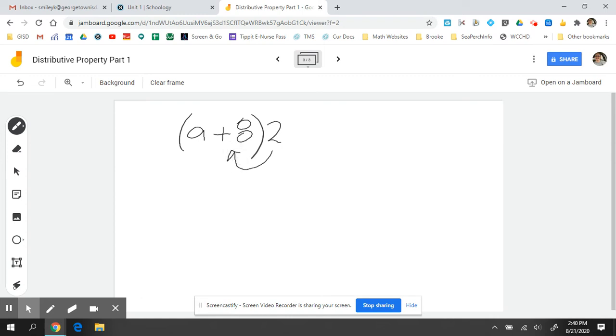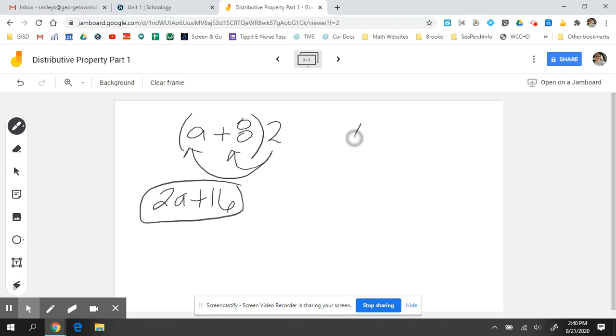If you want, you can multiply starting here. You can multiply over here. a times 2 is 2a. 8 times 2 is 16. Same process. Your number just happens to be on the left side of the parentheses or the right side of the parentheses. The key is it's still on the outside of your parentheses, and that's distributive property.